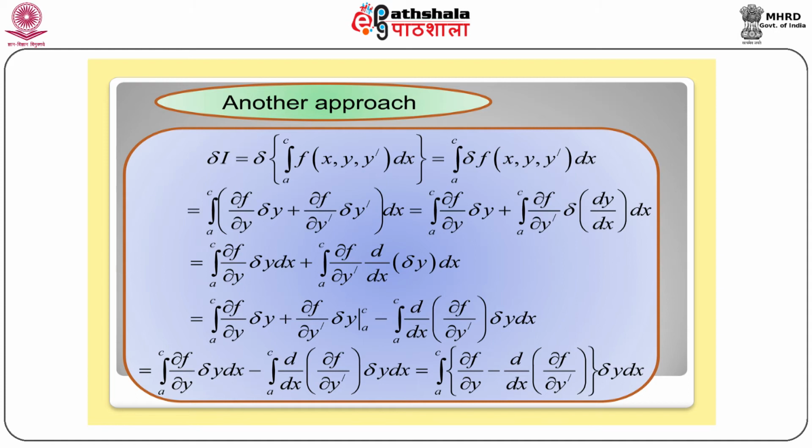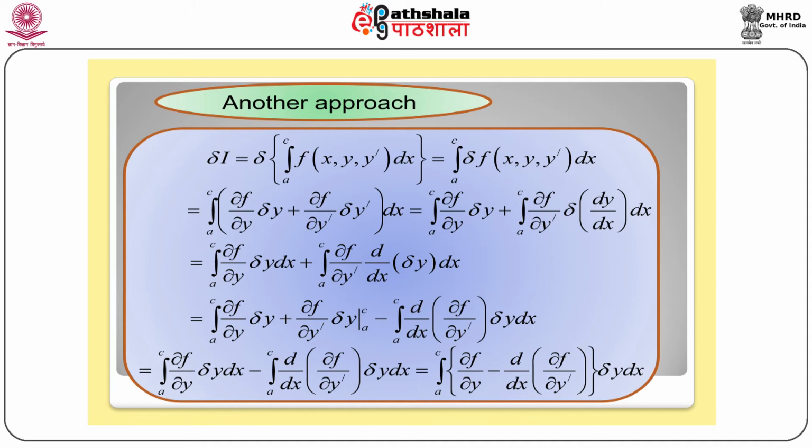Y dash is written in explicit form, that is ddx of y. Therefore, delta y dash becomes delta of ddx operated on y. This one has been written as it is. In the second term, we interchange the two operations ddx and delta variation. Interchanging this, we get delta of ddx of y is equal to ddx operated on delta y.